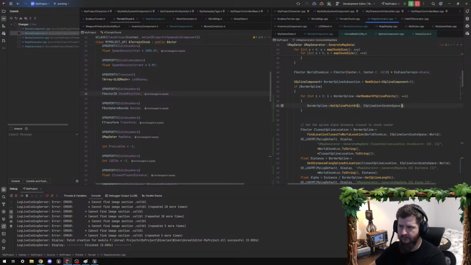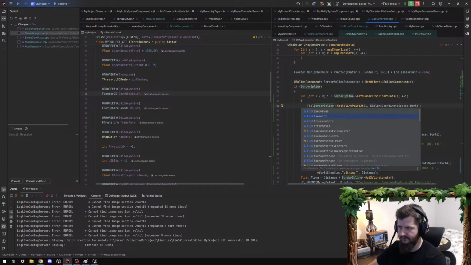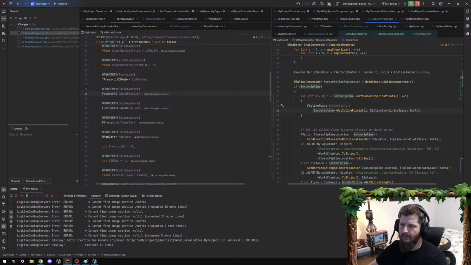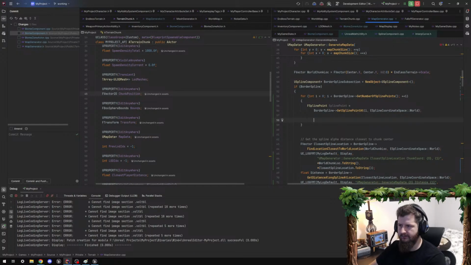E spline coordinate space world, yes. Okay, F spline point, spline point.